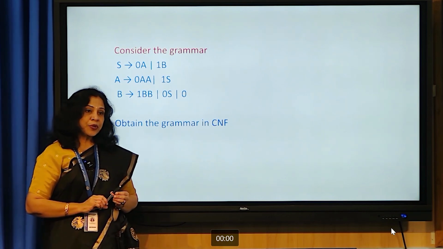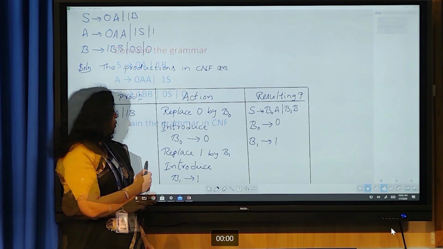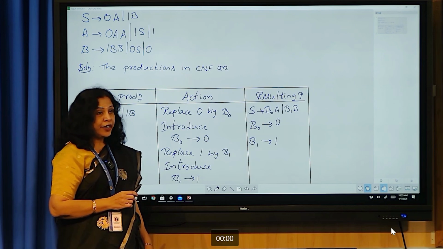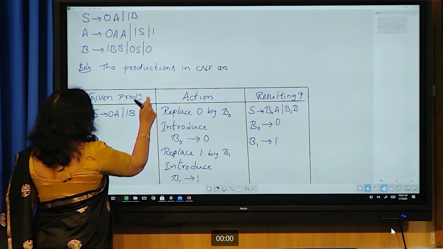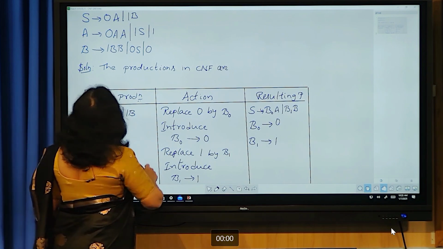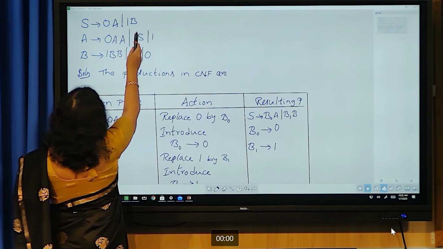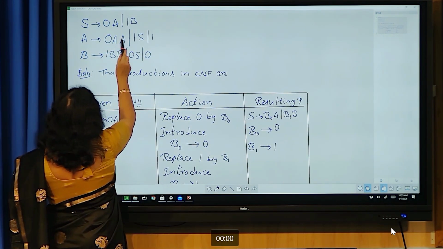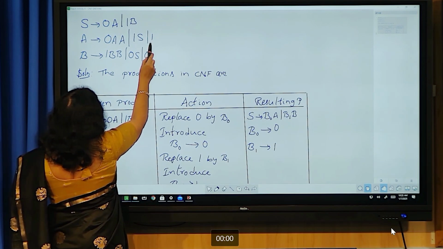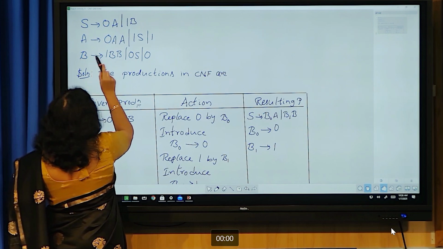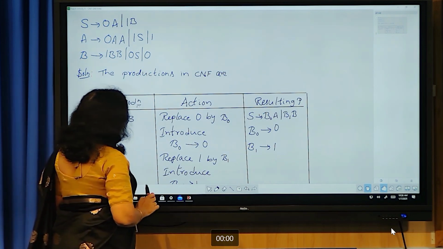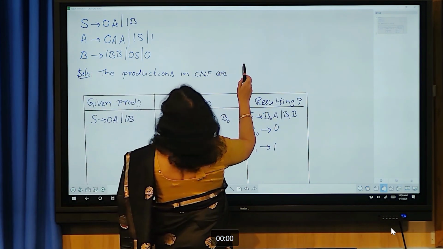So now let's see how to solve this problem. I have kept the table ready here. The grammar is given, so we will have to see the productions in CNF. These are not in CNF. So A produces 1 is in CNF. B produces 0 is also in CNF.